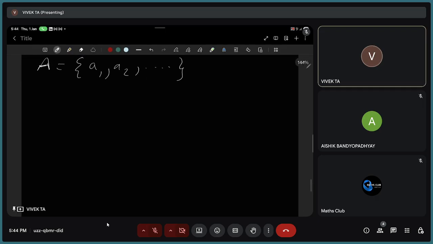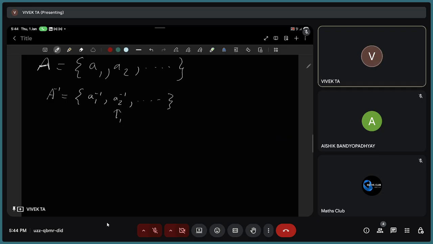So if you take A to be this, you define A inverse to be just a set of symbols. By the way, this is not math in that sense. This is just symbols. You define it as A1 inverse, A2 inverse, and so on.